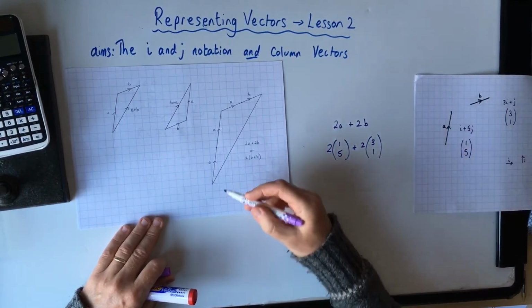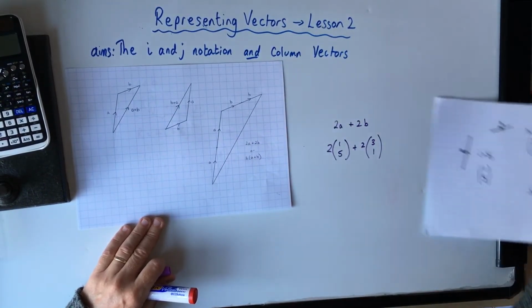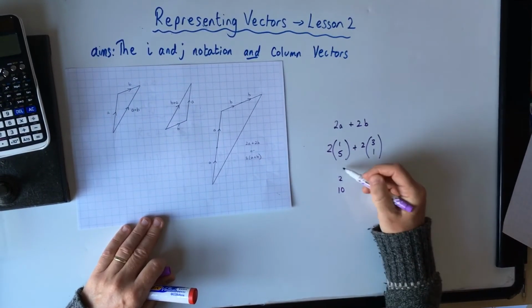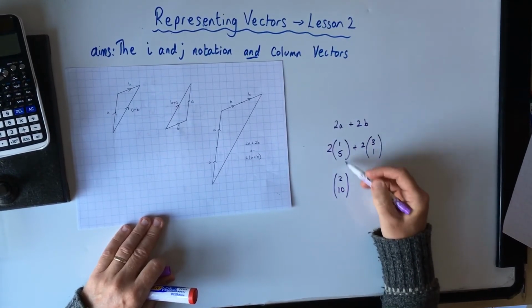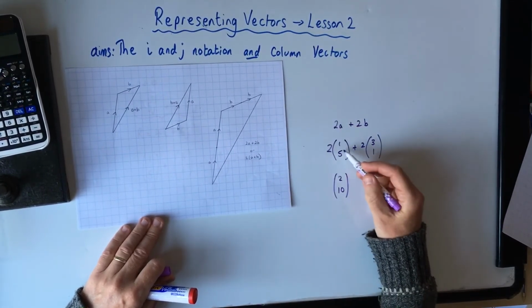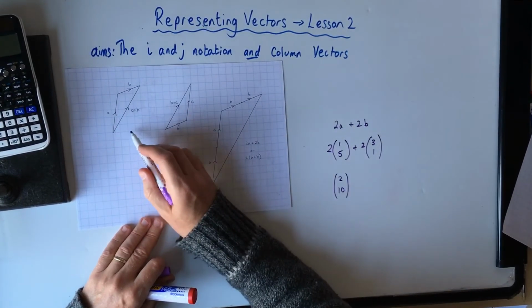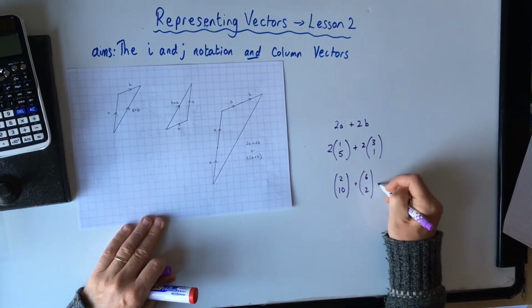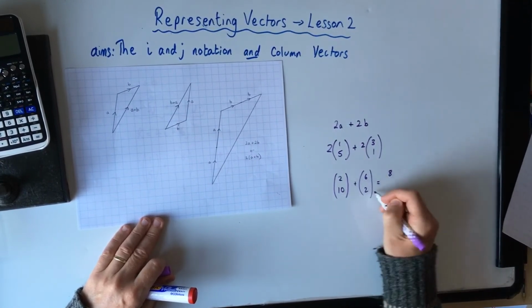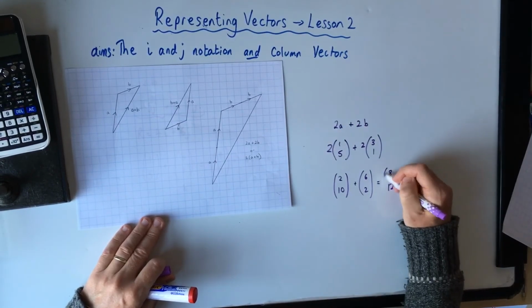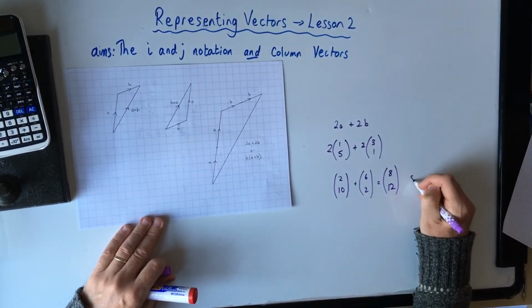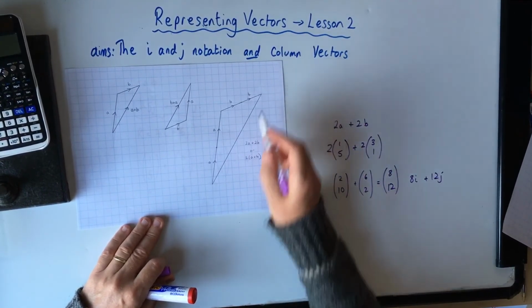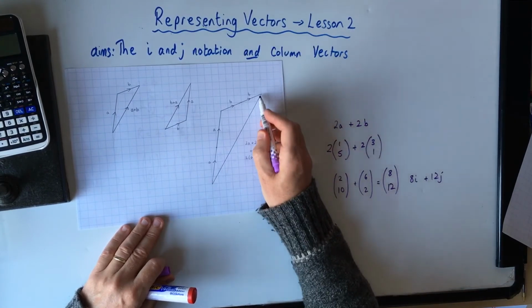That would describe this vector here. If we multiply out by a multiple, 2 lots of 1 over 5 is 2 over 10. That is what the 2a is: 1 along and 5 up, times 2. Plus 6 over 2, 2 lots of b, and 2 add 6 is 8, 10 add 2 is 12. So 8 over 12, or 8i plus 12j. And from here to here, it is indeed 8 across and 12 up.